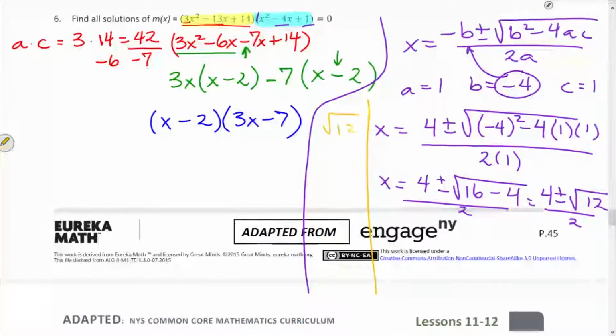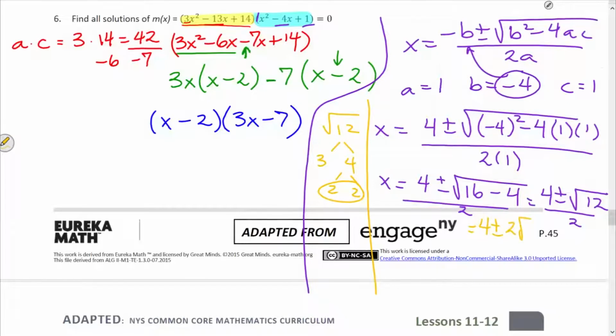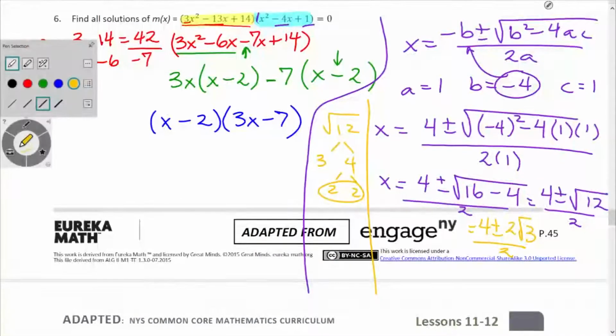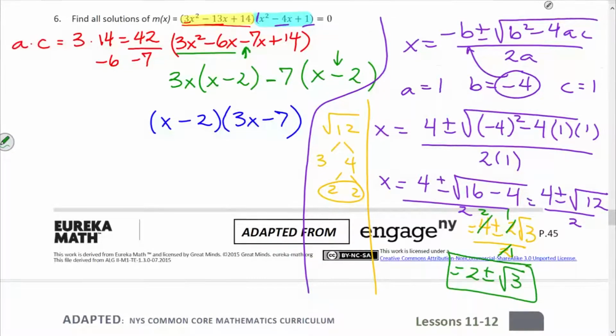The square root of 12 is the square root of 3 times 4, and 4 is 2 times 2. So what I get is 4 plus or minus 2 root 3 over 2. You can review my video on simplifying radicals. Every term here has a factor of 2 in it, so what I get is 2 plus or minus root 3. And there are 2 zeros there.